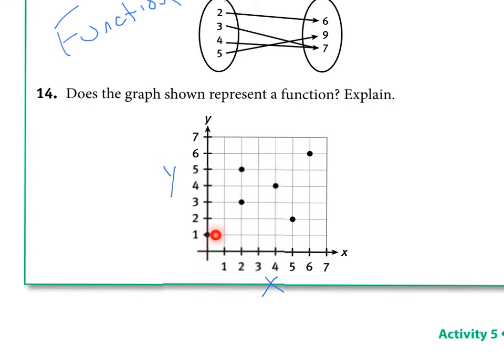My output is 1. If I go to 2, I have an input of 2, output of 3, and 5. I go to 4, my input is 4, my output is 4. 5 is 2, and 6 is 6. So, are there any inputs that are giving you 2 different outputs?